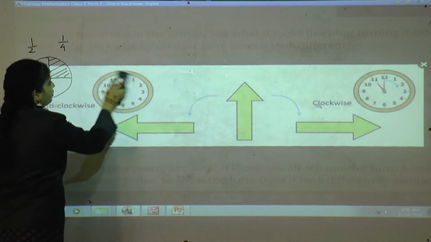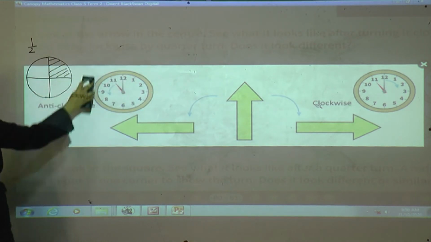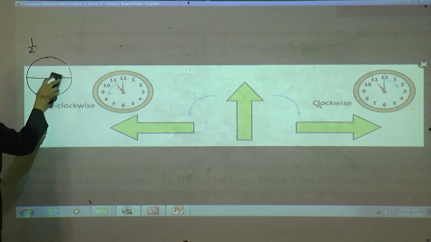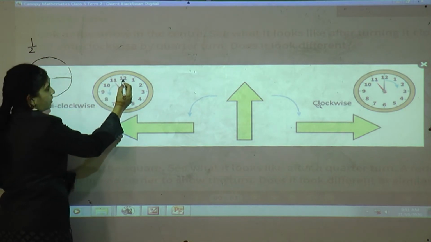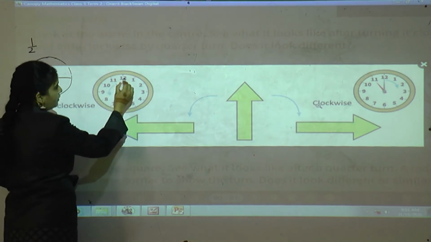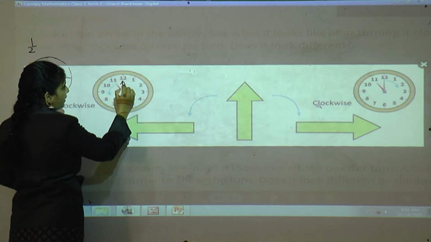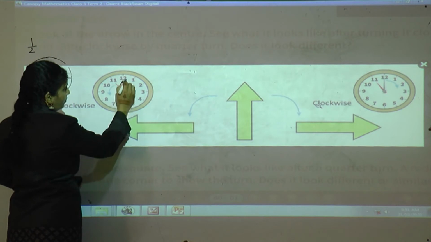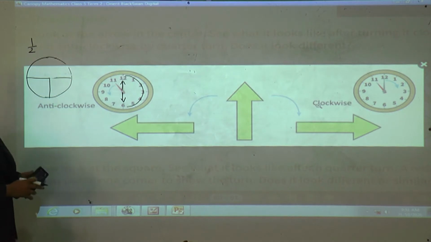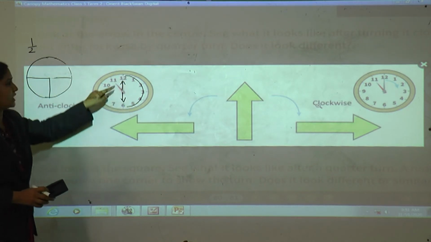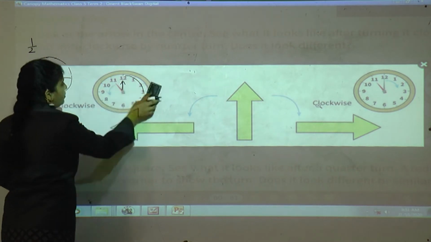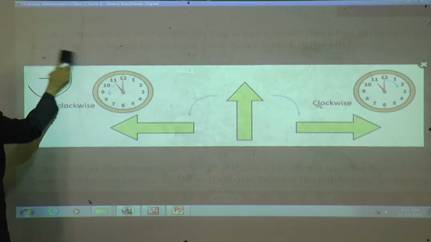Now all of you understood what is meant by quarter turn, and half turn means, see here 12, this hand is on 12, so half turn means this arrow will come down here. That means it will cover this half distance, isn't it? That means half turn. So that arrow will come downwards. So that is meant by a half turn.